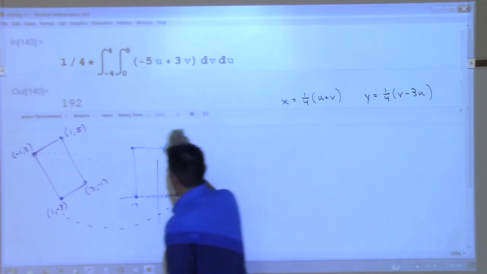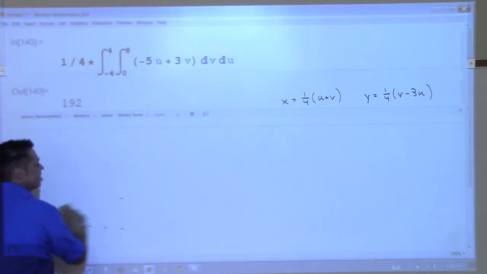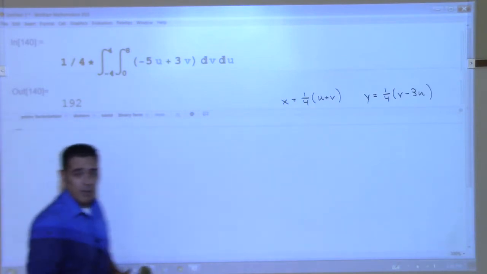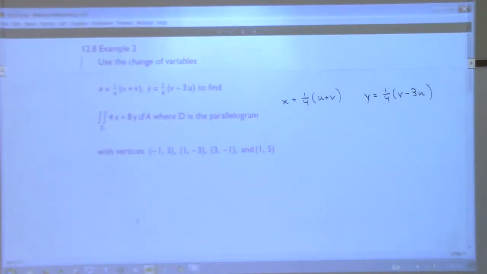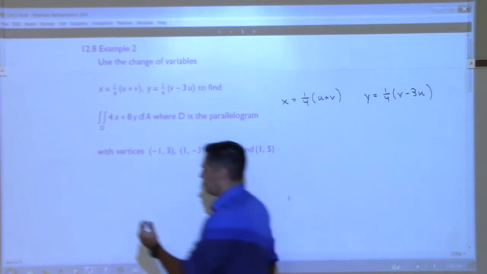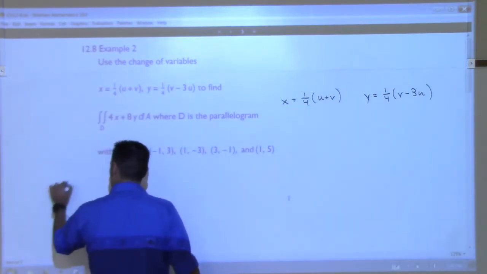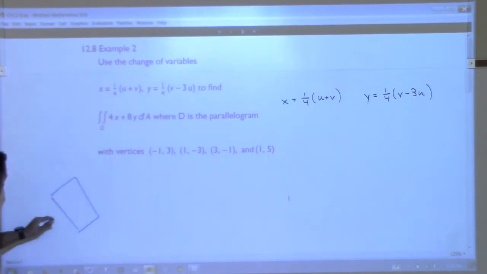Okay, let's move on. Oh wait, there was something else. How could we have determined what we would use for our transformation here? This one is difficult to see, but we'd have to go back to our parallelogram, which came from those points, and look at these.